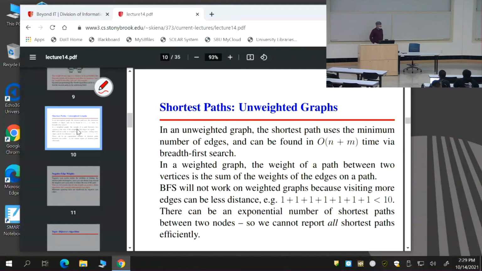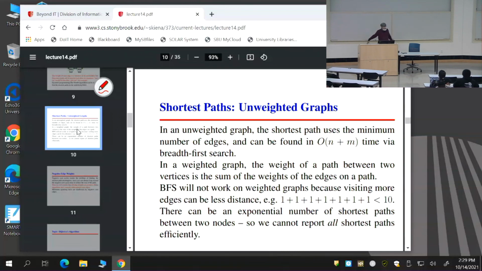How do you find the shortest path in an unweighted graph? Okay? We talked about this. If I have an unweighted graph, where all the edges are of weight 1, how do I find the shortest path from X to Y? Have we discussed anything that does that? Yeah? Breadth first search. So if I want to find the shortest path in an unweighted graph, I start from this vertex.